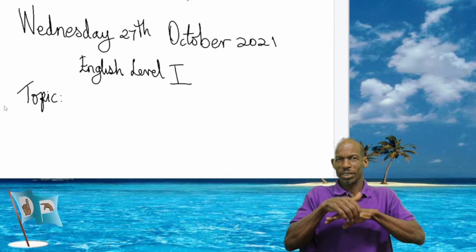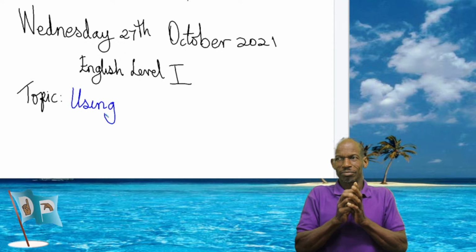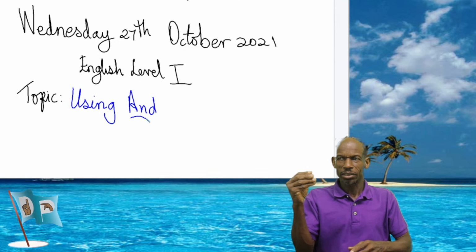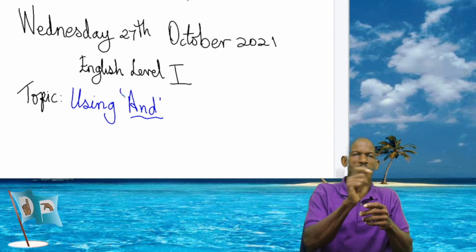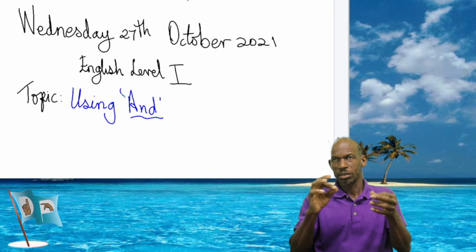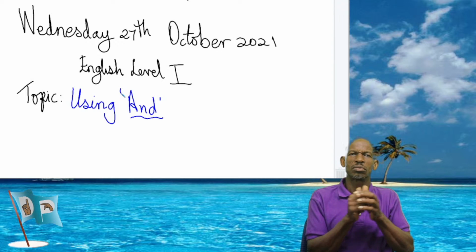Today, our topic is using "and," A-N-D. As we are teaching deaf persons, this word is not a word that is used in deaf English, in the deaf language. We do not use "and."